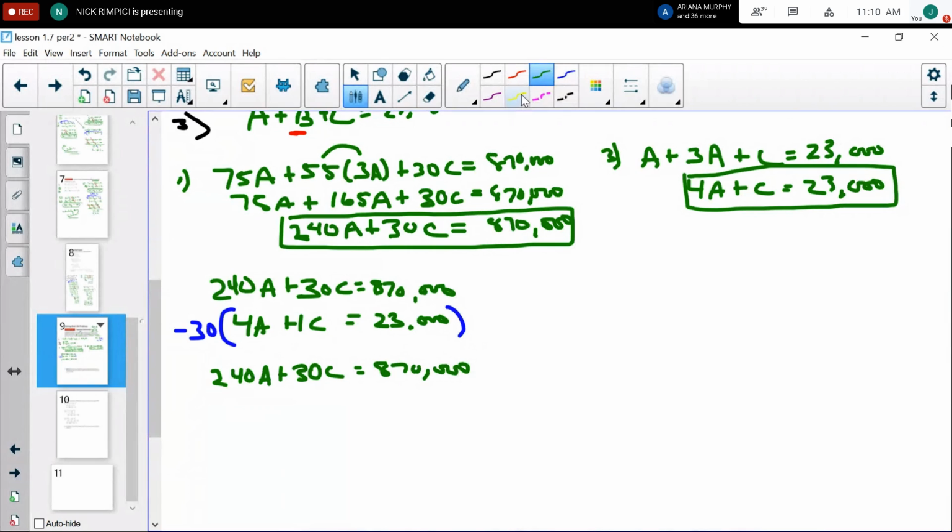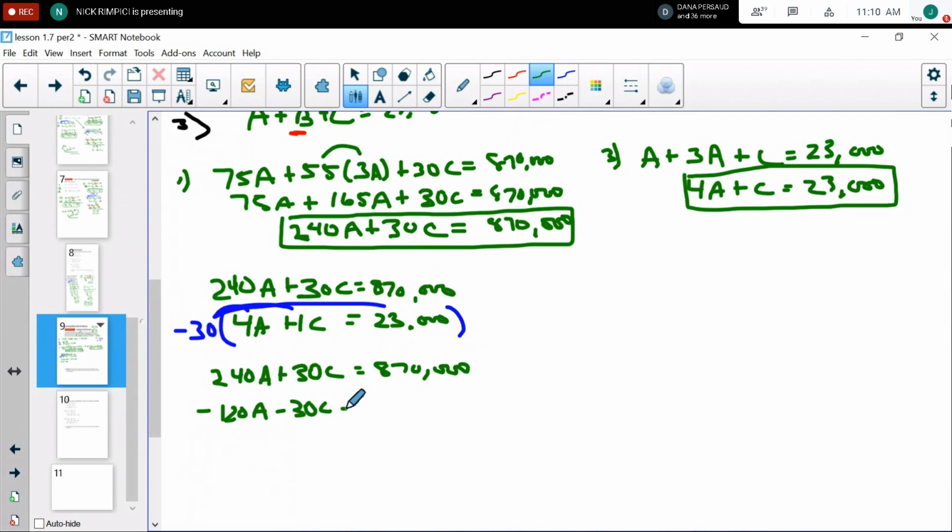And then the bottom one, well, negative 30 times 4A, negative 120A. And then I have to do negative 30 times 1C, negative 30C, which is what I wanted. And then finally, negative 30 times 23,000.